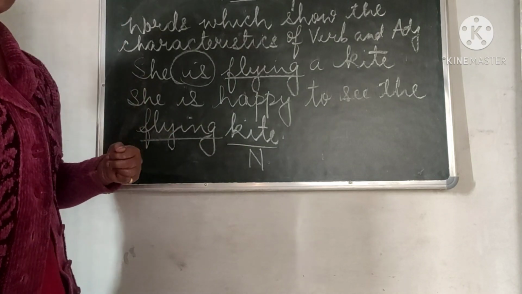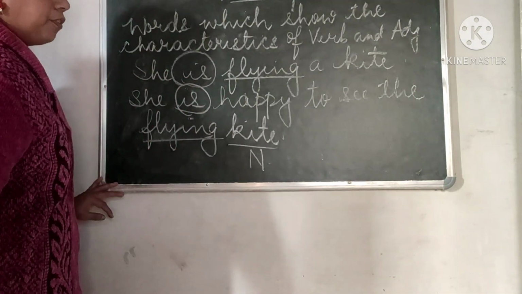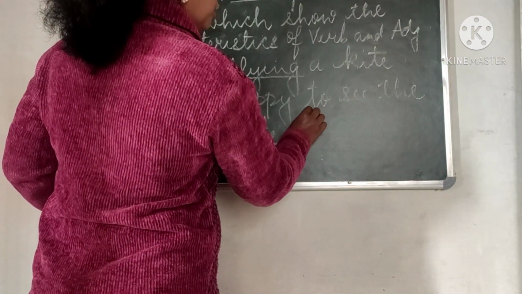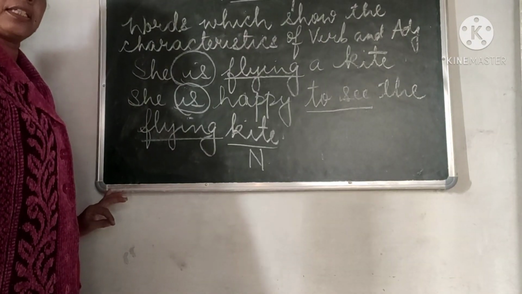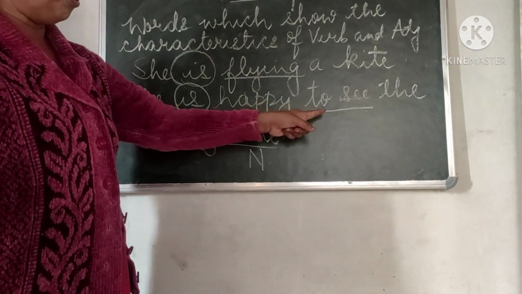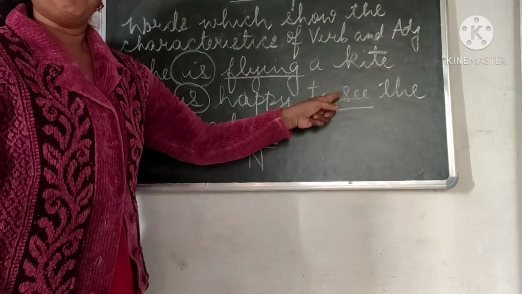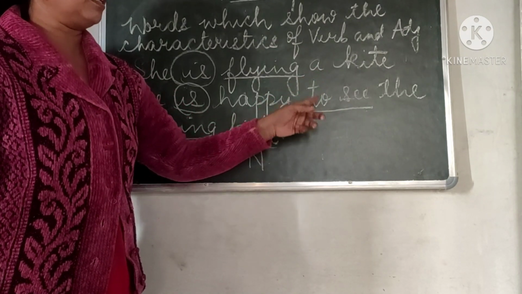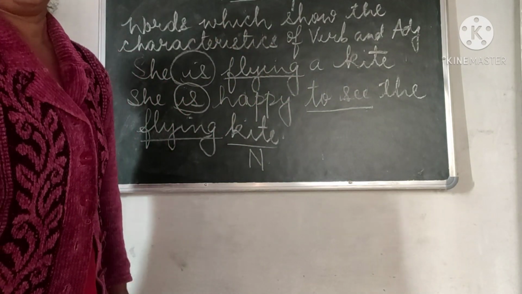So in this sentence, which is my verb? Is is my verb, and then here, to see. Do you remember the to infinitive we had studied? Here I have used the to infinitive. This is also a verb, but it is acting as the to infinitive, which is a non-finite verb, right?